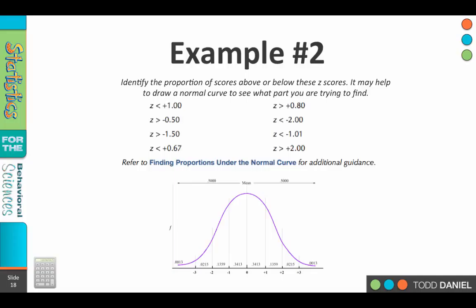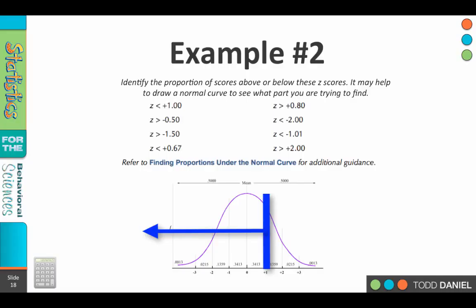So for a z of 1.00, we know that 0.3413 proportion of the scores is between the mean and 1, but we want to know the scores from 1 and below. In order to figure this out, we need to know that half of the scores are above the mean and half are below.